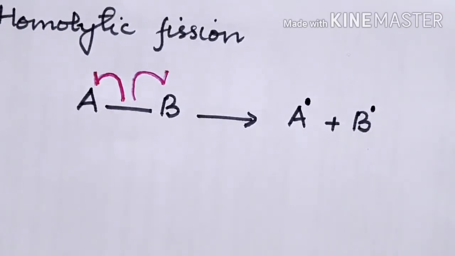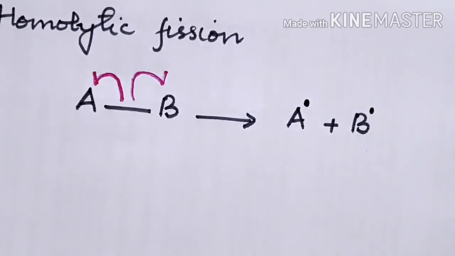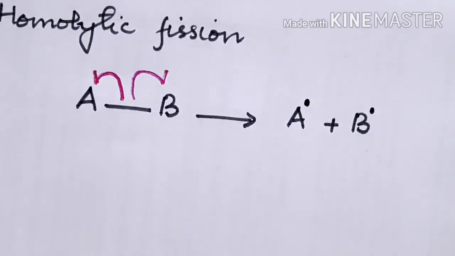Homolytic fission occurs in non-polar bonds and is favored by high temperature, ultraviolet radiations, and by the presence of free radical initiators. So what are the conditions here?